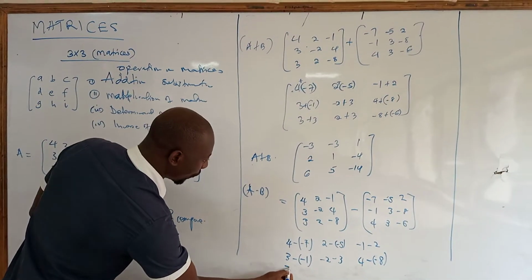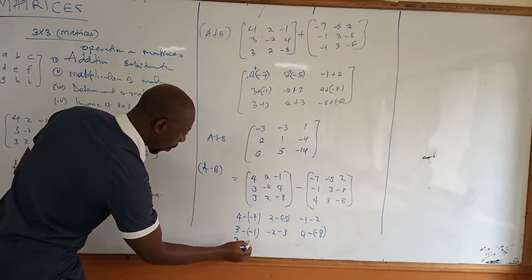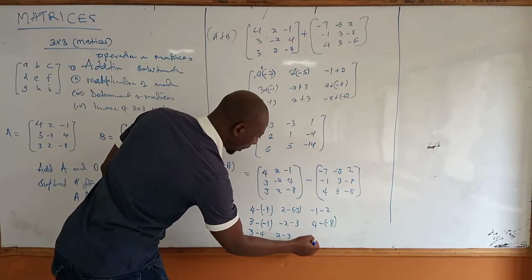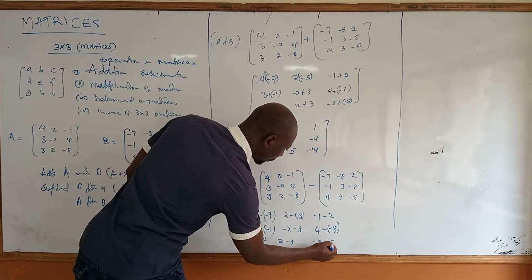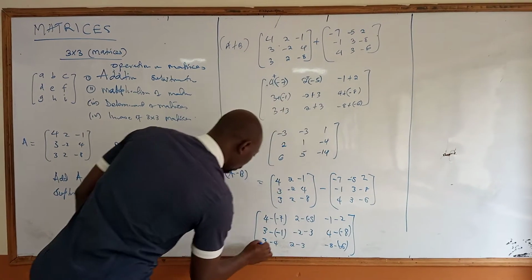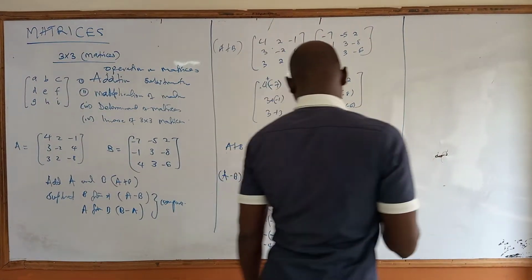The last row is 3 minus 4, 2 minus 3, and then negative 8 minus negative 6 in that format. So that one will be our difference matrix.